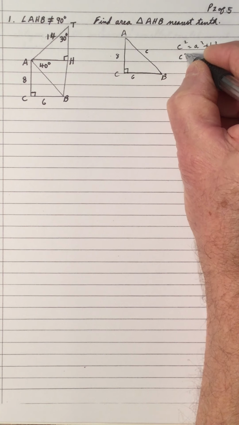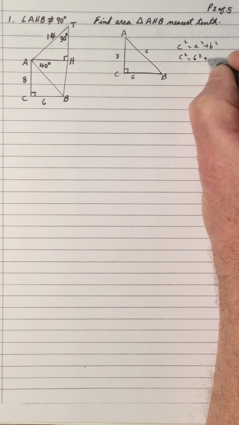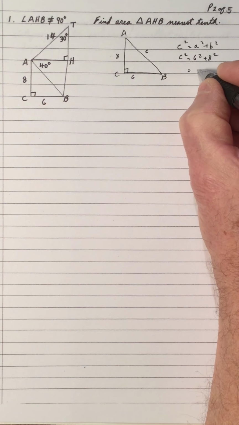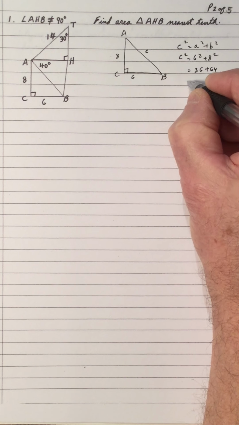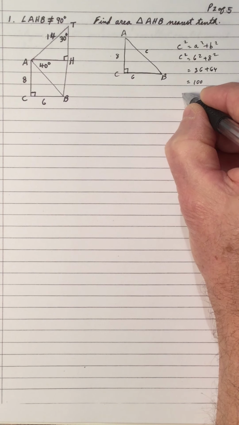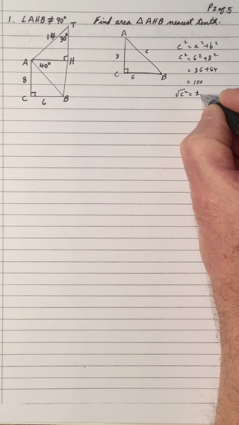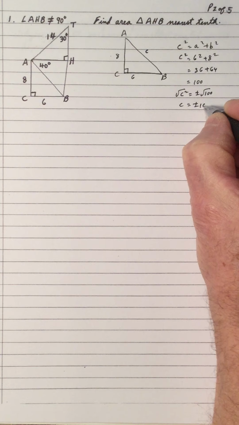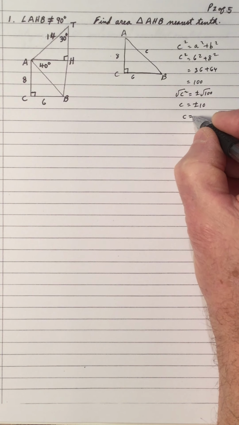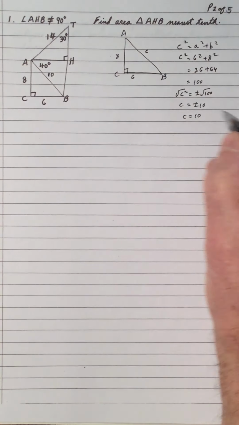So c squared is, a is 6, b is 8, that's 36 and 64. So that's 100. So the square root of c squared is plus or minus the square root of 100. So c is plus or minus 10, and because we have a triangle, this side is 10, it can't be negative.